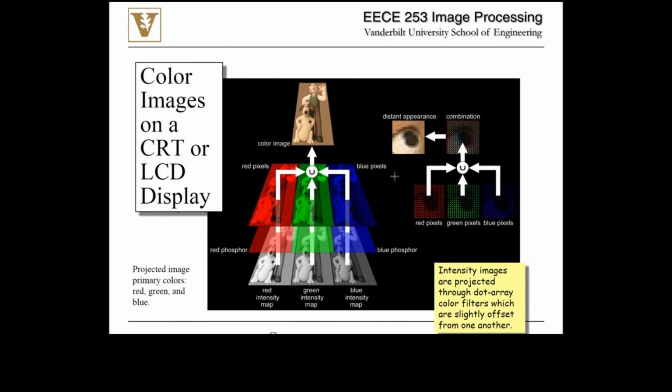But the thing is that these arrays of red pixels, green pixels, and blue pixels don't occupy the same location, but they're a little bit shifted. And then when you look from a distance, this is what you'll see.